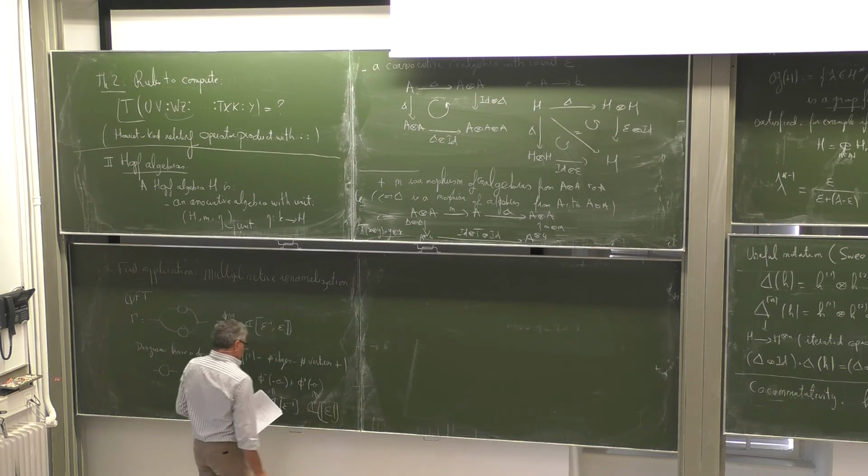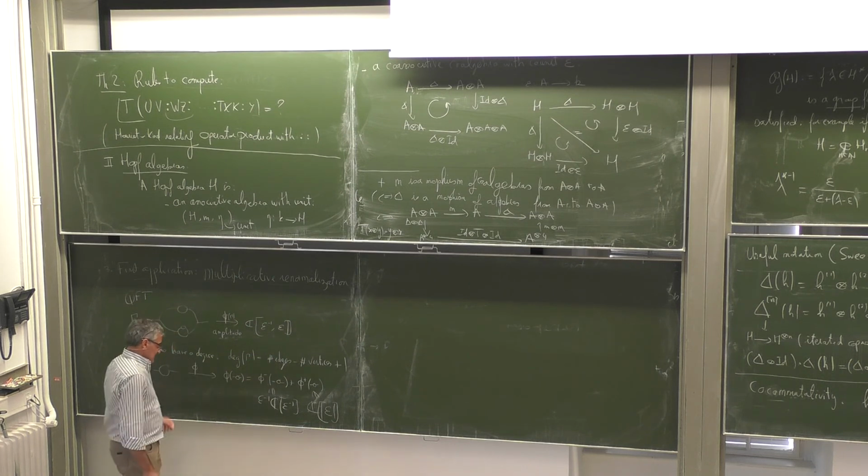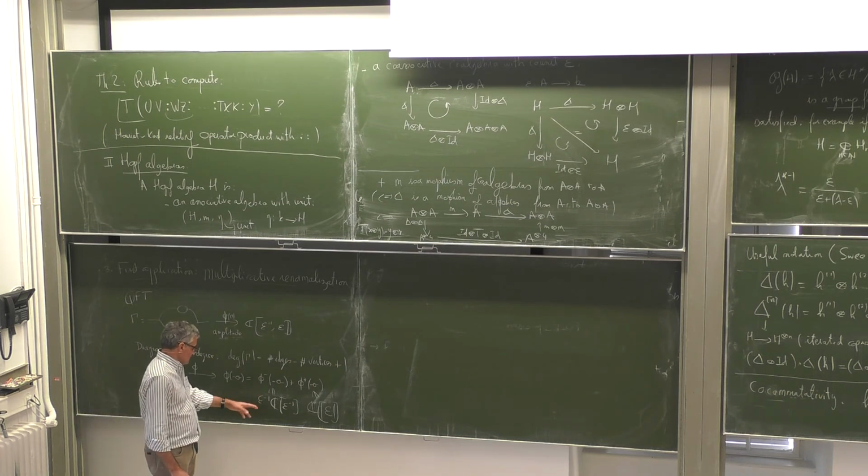So if you're in a situation where you have trouble with this ill-defined term, because when you let this, say, so-called perturbation parameter go to 0, which is what you want to do, you end up with infinities that you want to get rid of.